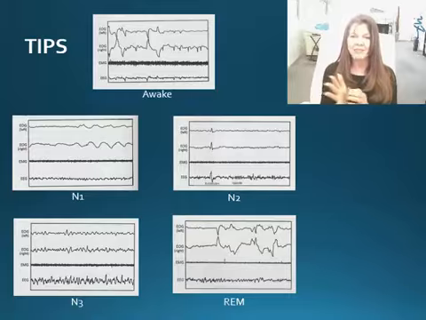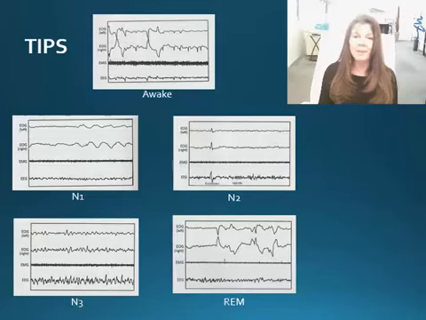Remember that K complexes and sleep spindles are characteristic of stage two, the best way to recognize it. See, the EMG remains moderate. And finally, the EEG, we have mixed waves, right? All different kinds of waves, not one kind predominant. We do see a K complex here, and we also see a sleep spindle.